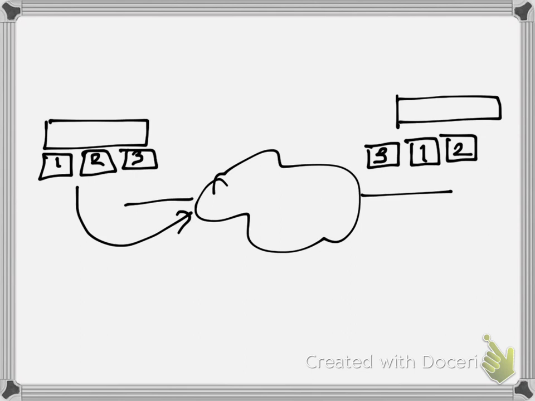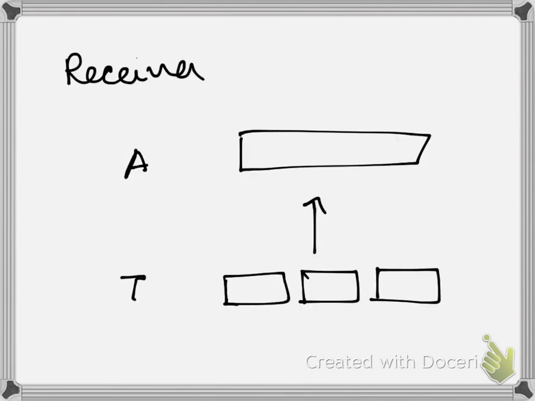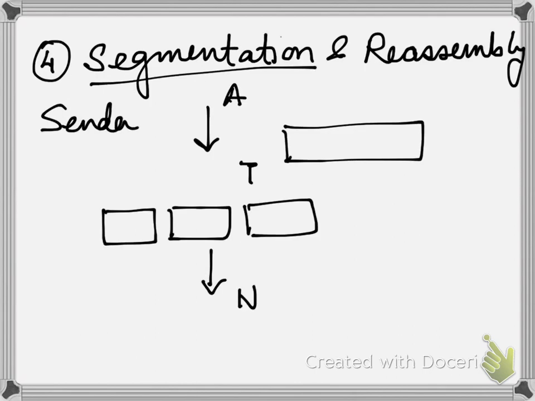So it is the responsibility of the transport layer at the receiver side to arrange them in the proper order: 1, 2 and 3. So they need some kind of numbering of these segments so that at the receiver end it can be reassembled. So this is another responsibility of the transport layer, that is segmentation and reassembly.